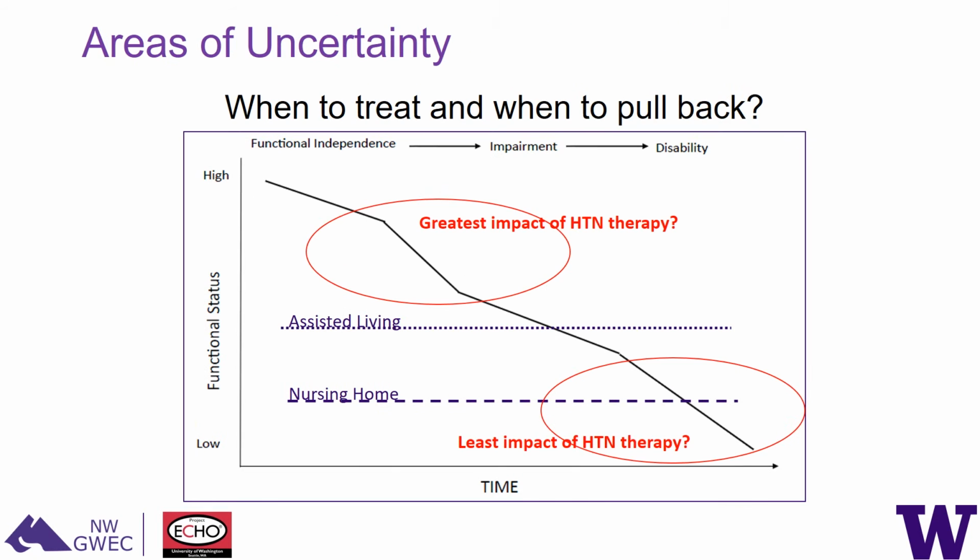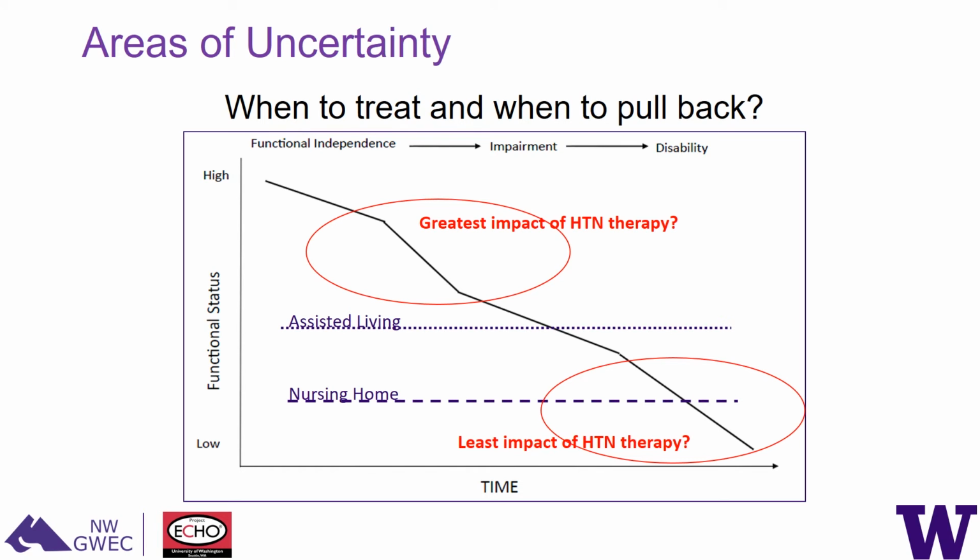So where exactly would hypertension treatment have its greatest impact? We're not quite certain about that yet, but perhaps this is where it's the best, where people have the highest level of functionality, where we should be targeting lower blood pressures as the person is more functional.